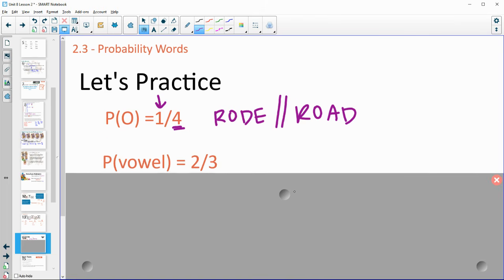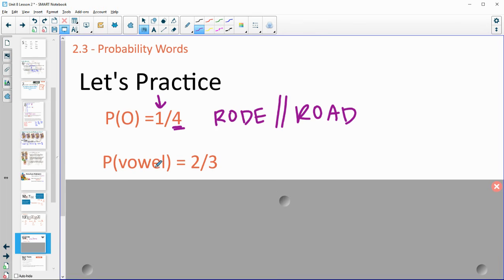If you needed the probability of a vowel is 2 out of 3, you could think of it as three letters, 2 of them needing to be vowels. So maybe pie or U. So those 2 would be options.